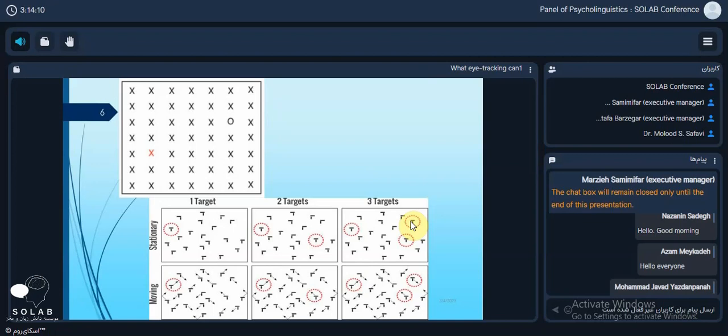I find it better, faster and faster. But in the lower part, with moving, what happened? Moving is a feature that captures attention much faster than the stationary situation.